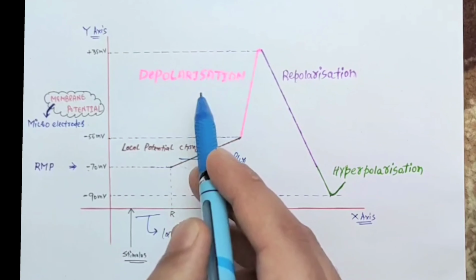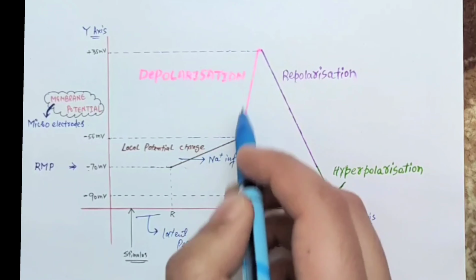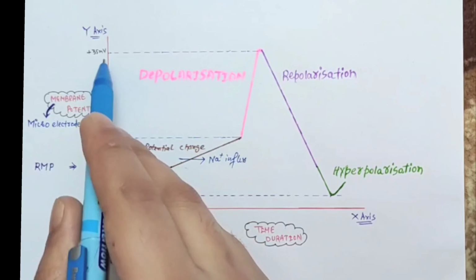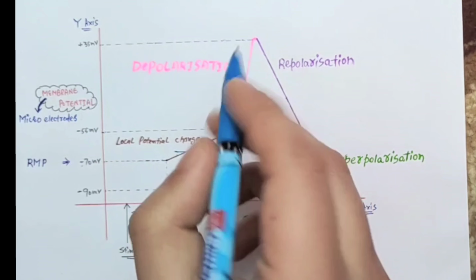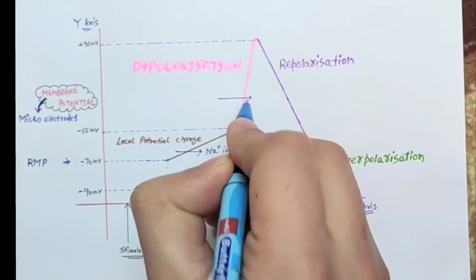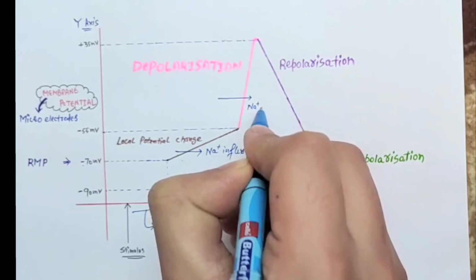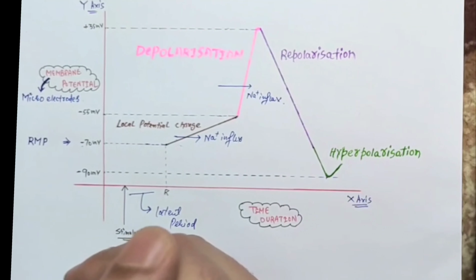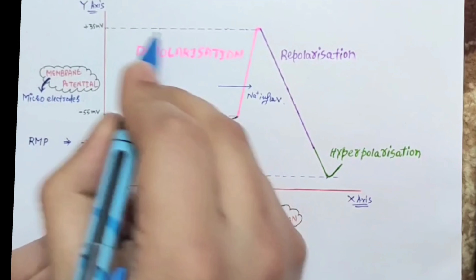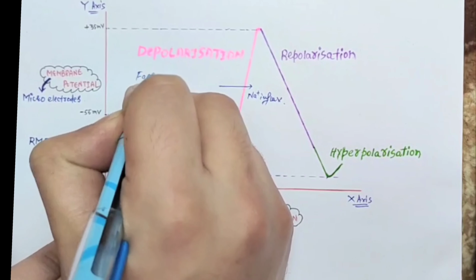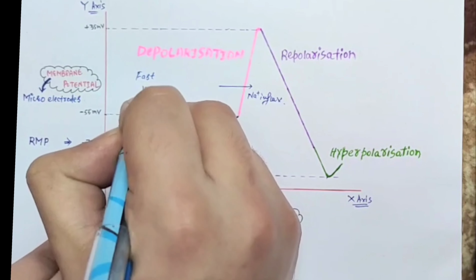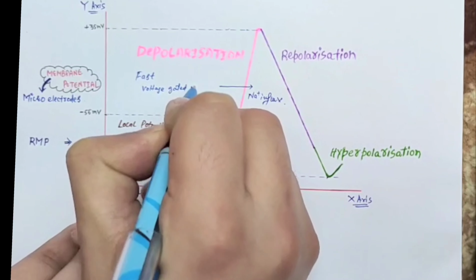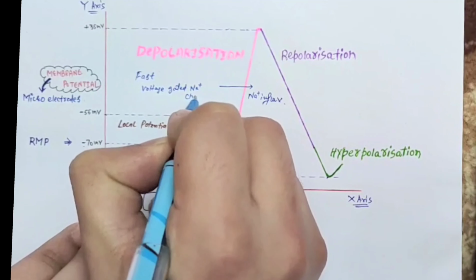In depolarization, there is a rapid increase in the membrane potential, and the membrane potential increases from minus 55 millivolts to plus 35 millivolts. This is also due to the sodium influx. But here the sodium influx is very fast due to the presence of voltage gated sodium channels.